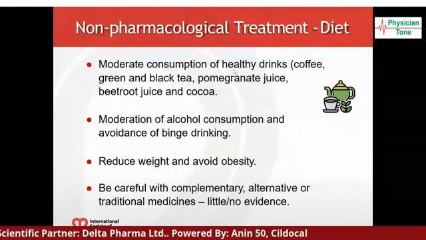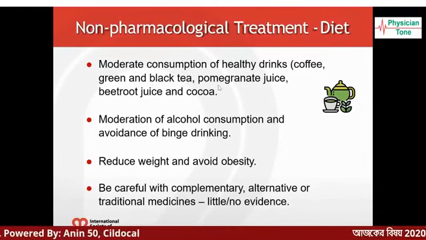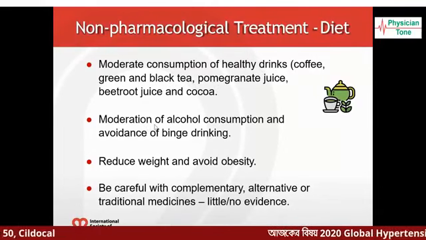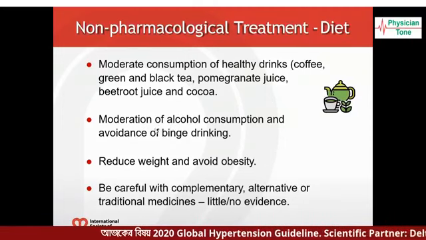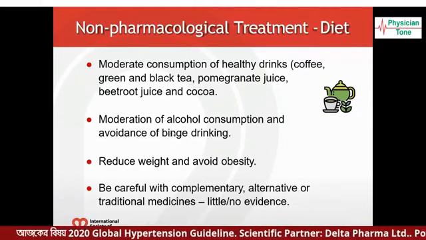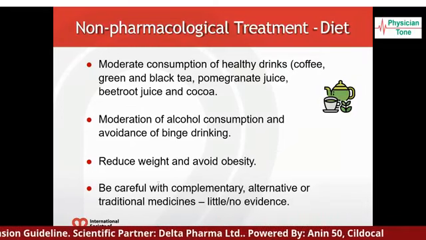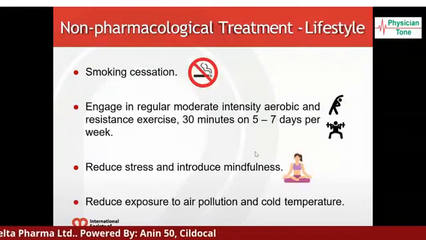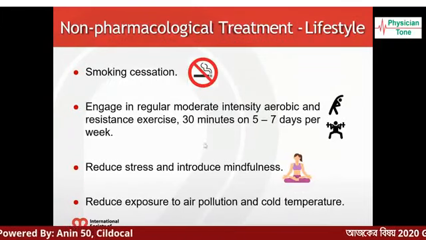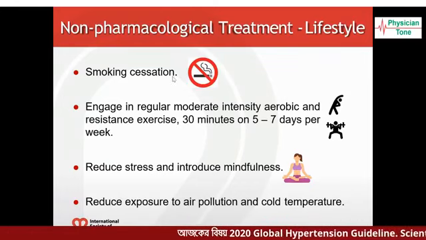Moderate consumption of healthy drinks, coffee, green and black tea, is good. There is no safe limit of alcohol, but some literature mentions a small amount of alcohol may be good. Reduce weight and avoid obesity. Be careful with complementary, alternative and traditional medication. Smoking cessation should be encouraged.